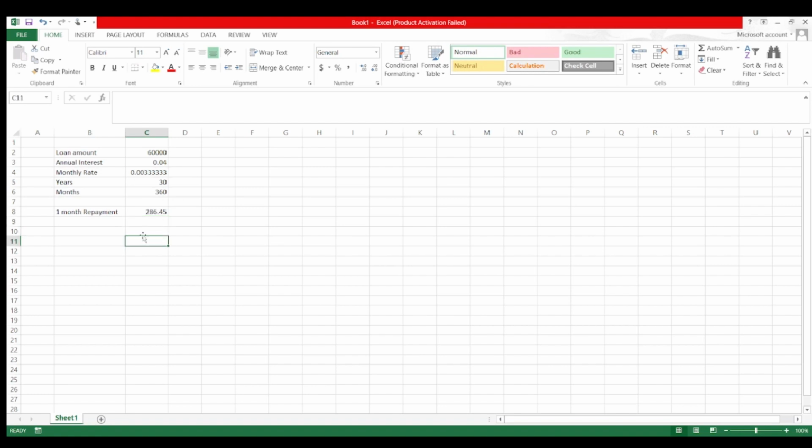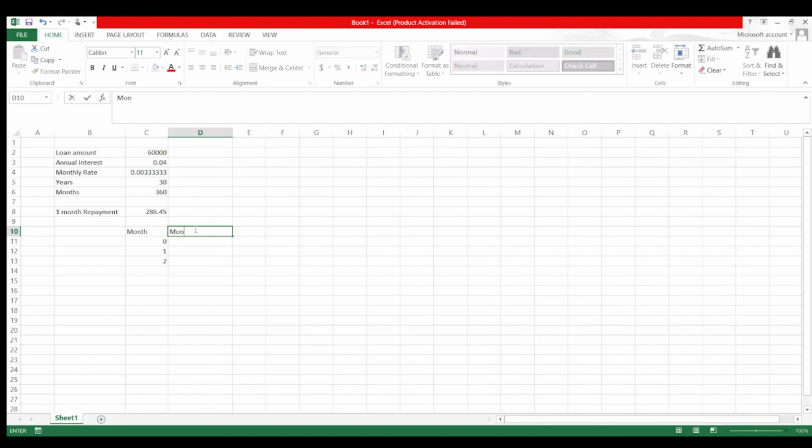Okay, to have a clear understanding of how this works, let's get an amortization table. We have our months there, 0, 1, 2. In normal cases, we would have dragged this up to 360, but for the purpose of this example, let's just hold it at that first. Here we have our monthly repayment.